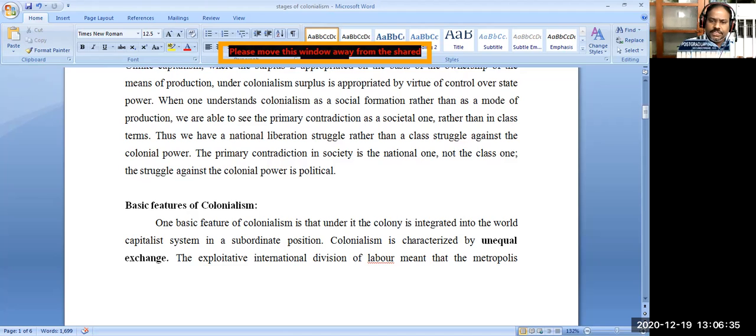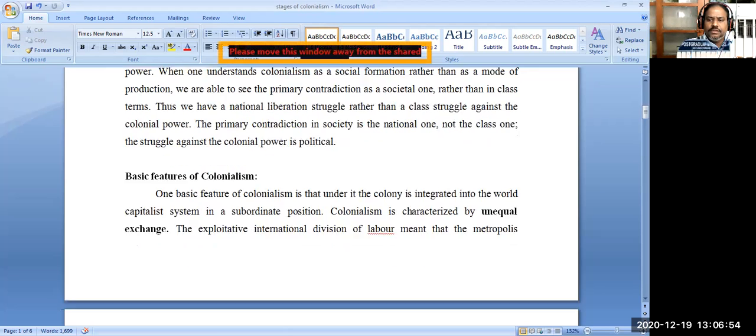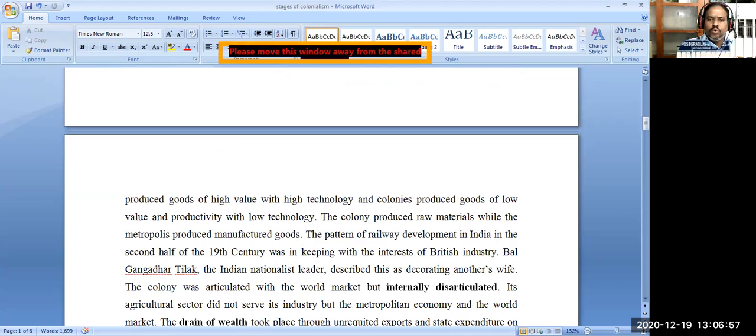One of the basic features of colonialism is that under it, the colony is integrated into the world capitalist system in a subordinate position. Colonialism is characterized by unequal exchange. The exploitative international division of labor means that the metropolis produced goods of high value with high technology and colonies produced goods of low value and productivity with low technology.